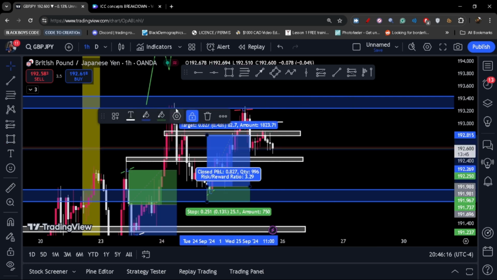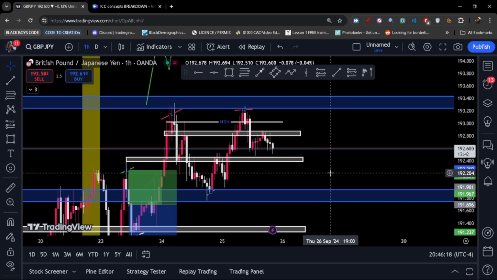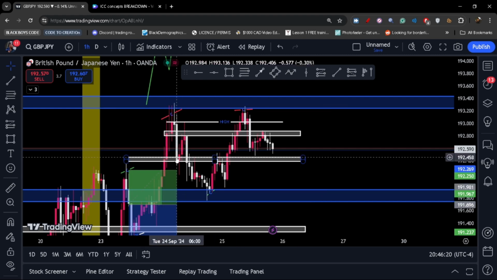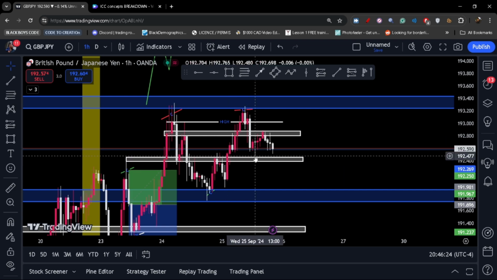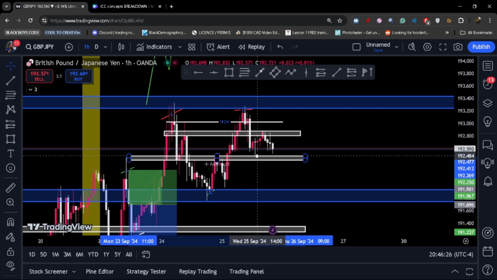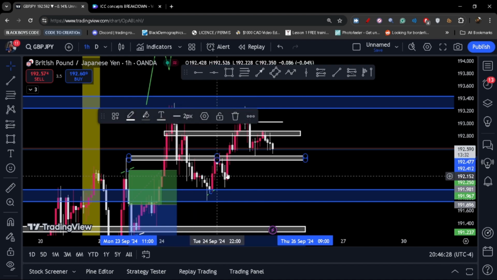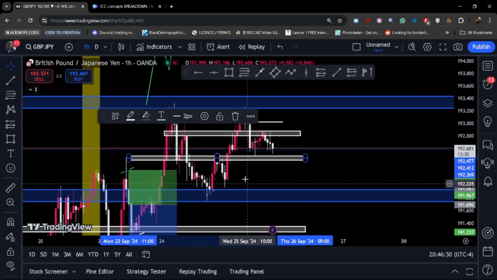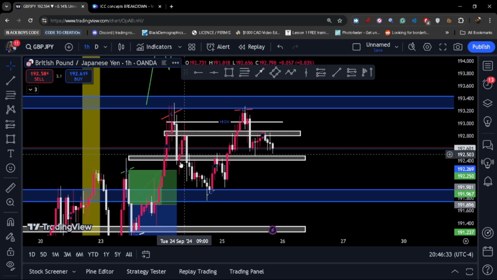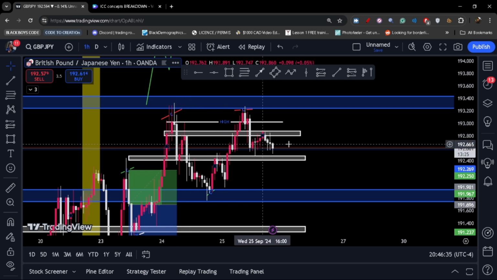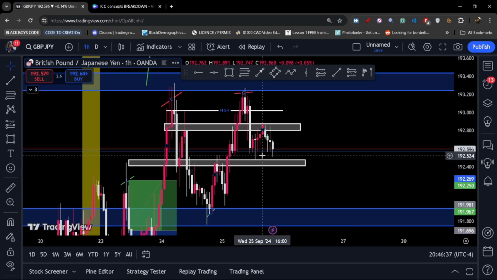If I was to delete this real quick, as you can see, it's reversed. Above this area price was technically buying, then below this area price was selling. So below this line price was selling, as you can see. Above it price was buying. Boom.